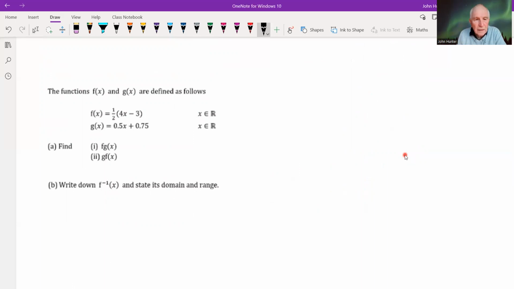Okay, let's have a look at an example then, shall we? Okay, f and g are defined as follows. f of x equals a half into 4x minus 3, and g of x equals a half x plus 3/4, 0.5 and 0.75. Find f of g of x. So what we're looking for is f of g of x, which is 0.5x plus 0.75.